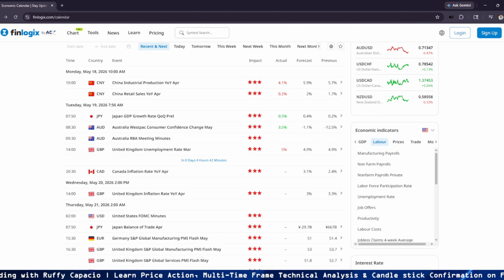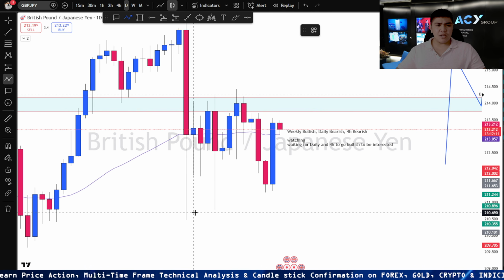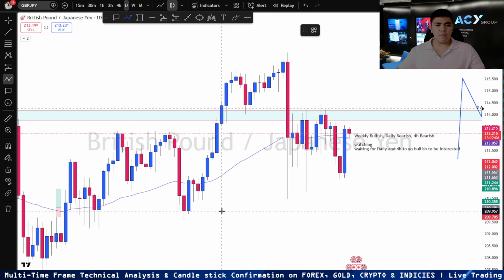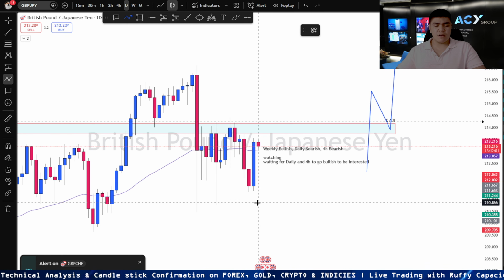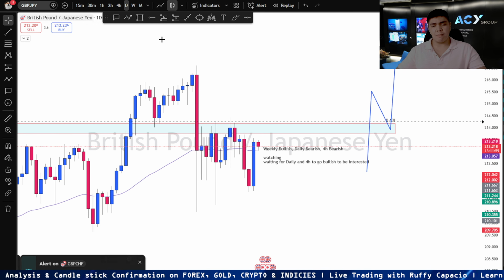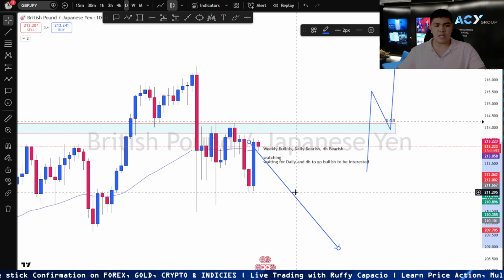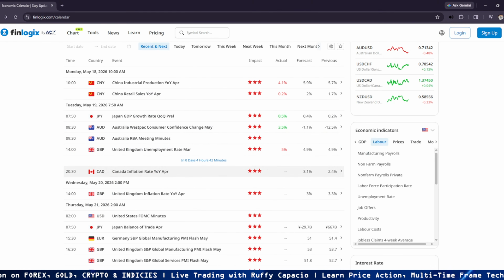Now, as you can see here on the current price action on GBP JPY, once the GBP gets stronger, it could push to the upside. Once the GBP weakens against the JPY, it could push to the downside. But as you can see here on the news, possibly this news didn't much affect the setups that we had on GBP.